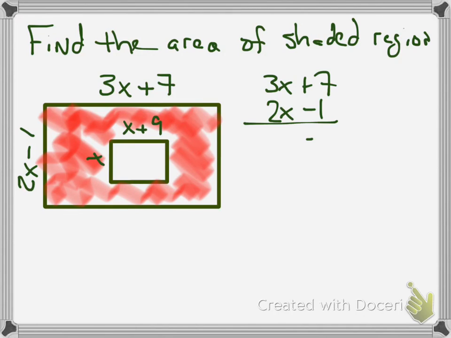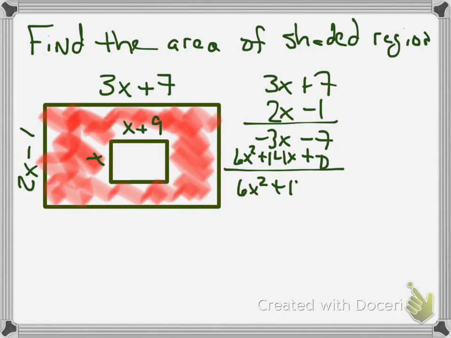I'm still going to multiply those two, doing this by the vertical method. Negative 1 times 7 is negative 7, negative 1 times 3x is negative 3x, 2 times 7 is 14x, 2 times 3x is 6x squared. So I get 6x squared plus 11x minus 7 as the area of the whole thing. Then find the area of the smaller rectangle, x plus 9 times x, which gives me x squared plus 9x.